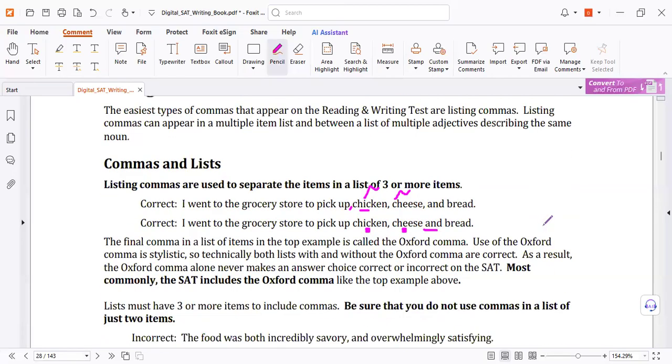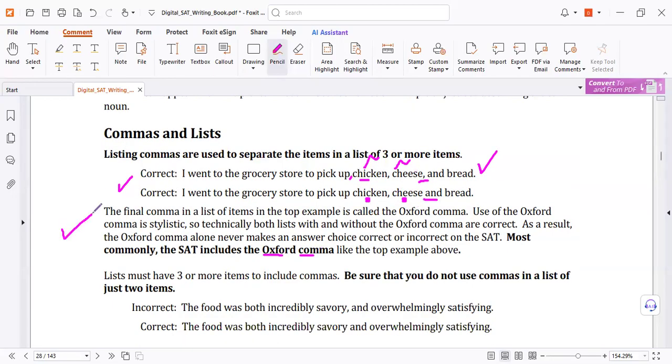No comma. Is this structure correct? Correct in general English, but in the test, we will test you for the Oxford comma. Oxford comma, you need the comma. Remember, this structure is correct in general English, but in your test, we need to test you on the comma. If the answer does not have the comma, it's wrong. This is the point.